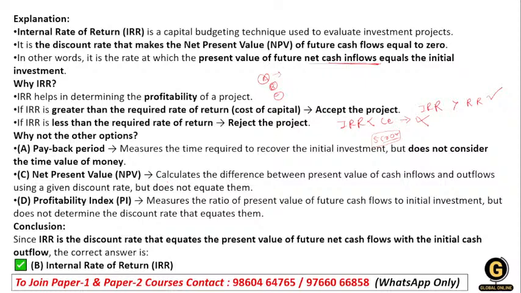Net present value finds the difference between your inflow and outflow. If our inflow is greater than outflow, obviously it is best for the organization. Next is the profitability index, which measures the ratio of the present value of future cash flow to its initial investment. This is why we use the profitability index.